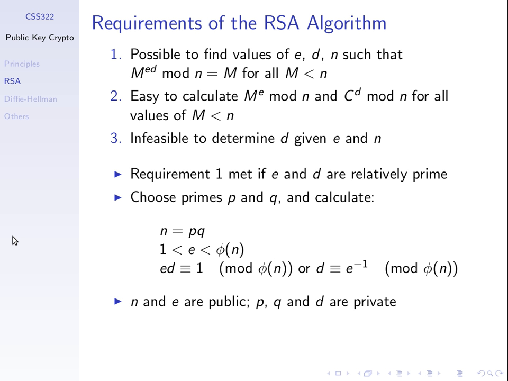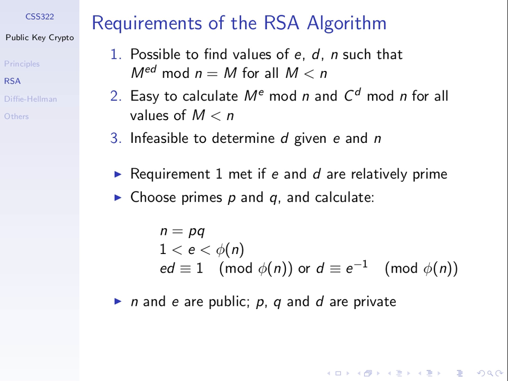So what we've done, we made sure that we could have values of E, D, and N such that this equation held: M to the power of E times D, mod N, equals M. That is over here. We went through the steps to derive E, D, and N. And in fact, now, when you generate your keys, you just follow the steps here. It needs to be easy to calculate M to the power of E mod N and C to the power of D mod N for all possible values of plaintext.